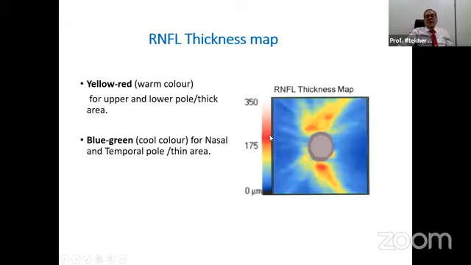Retinal nerve fiber thickness map. It is actually the quantitative assessment of the retinal nerve fiber layer, and it is expressed by a chromatic bar from blue to yellow-red. Normally, we know the upper and lower parts of the optic disc nerve fiber are thick, so they are marked by yellow-red in the upper and lower parts of the optic disc.